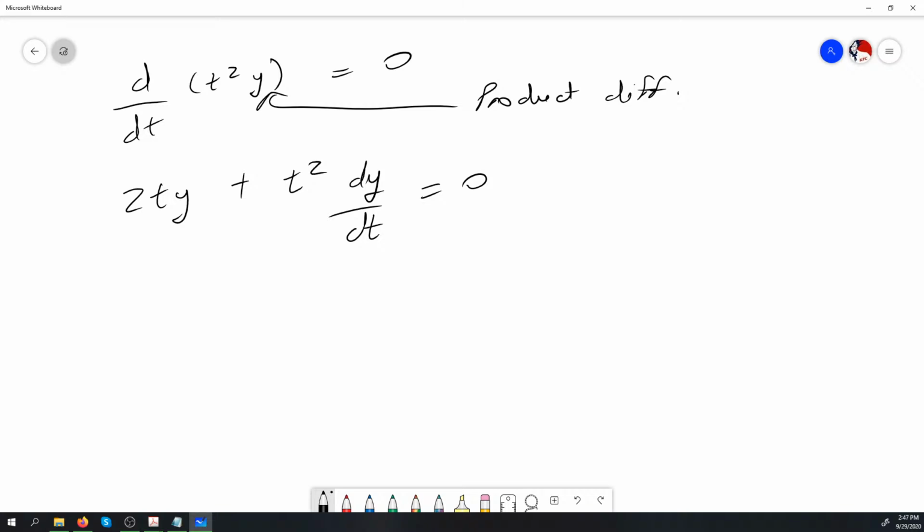And if we factorize out a t, or we just divide the left hand side and the right hand side by t, we get 2y plus t dy dt equal to 0.